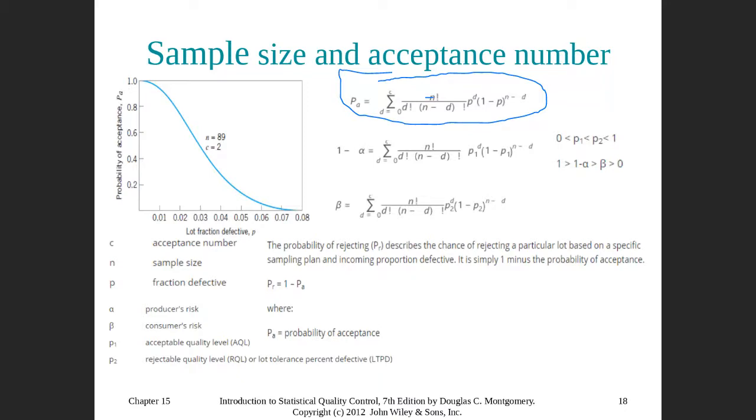But to solve such a formula and find the number of samples and the number of defectives, where you make the decision to accept or reject based on the sample size, not the lot size, you have to solve these two equations non-linearly.